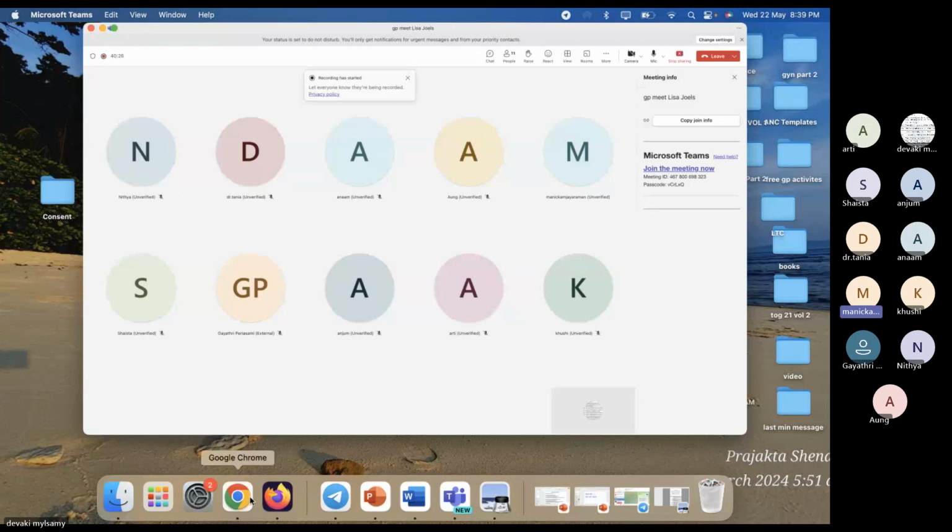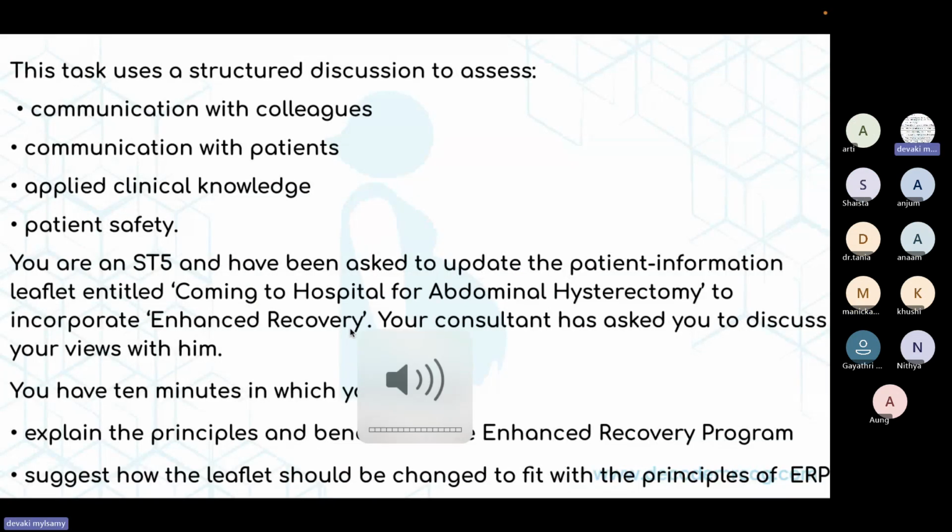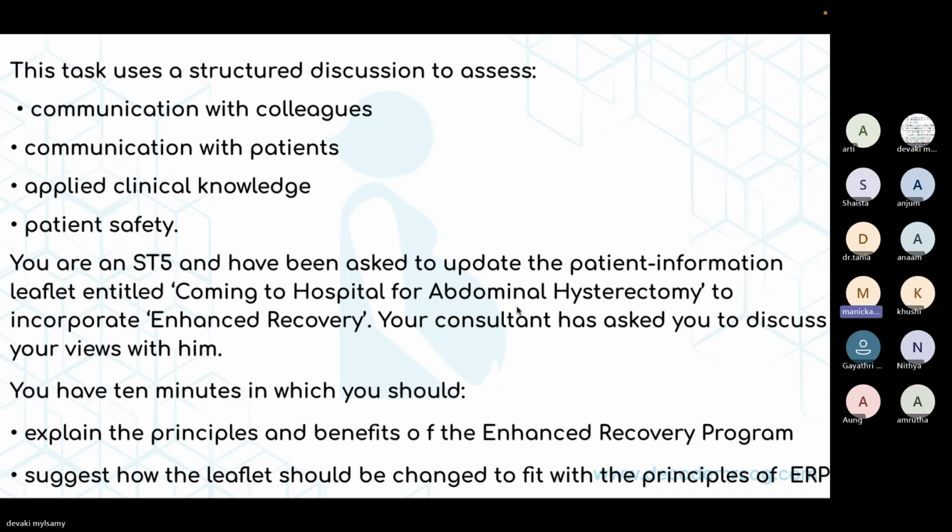Okay. Yeah, so now I'm starting my 2 minutes time. Have you gone through the patient information? I have started my 2 minutes reading time. Ma'am? Yes, I'm reading.